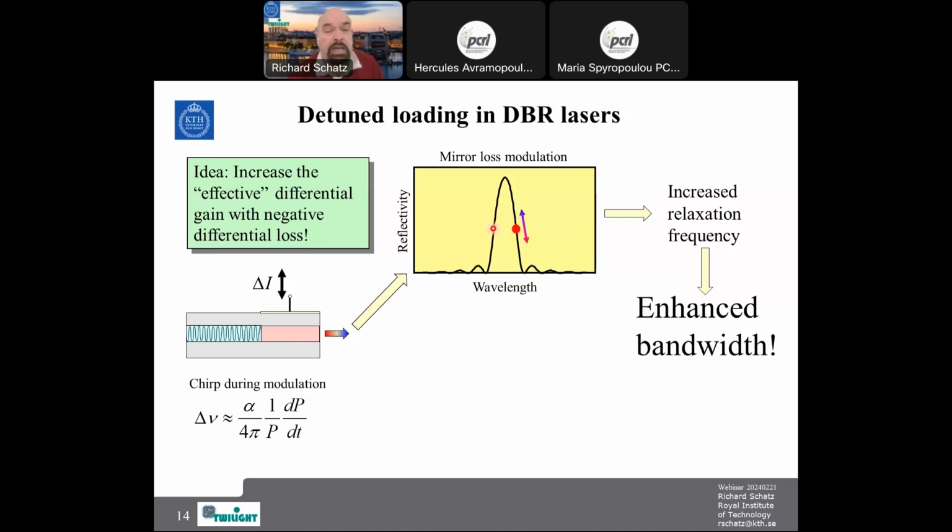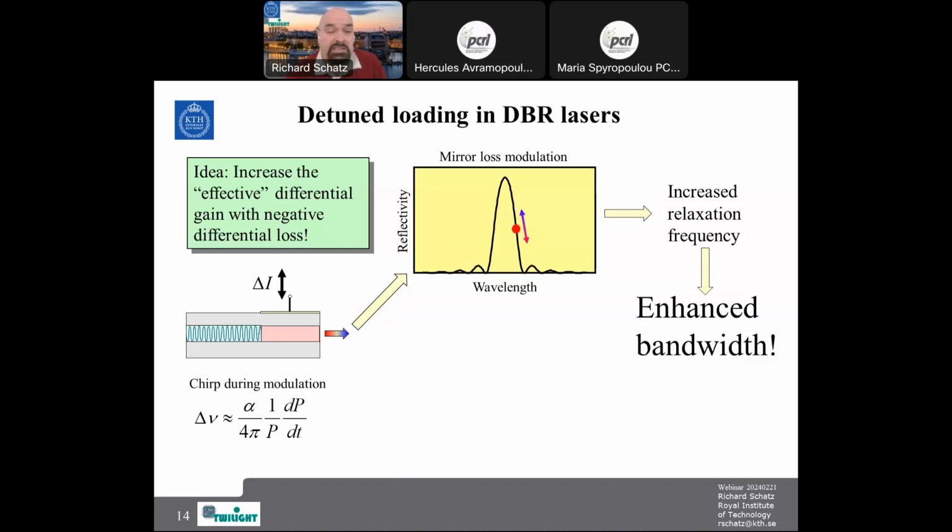On this flank, the bandwidth will be reduced because here you reduce the reflectivity when you increase the carrier density here. So it's not good to be on this flank. But on the long wavelength flank of a Bragg peak, then you get an increased relaxation frequency. And this is quite a strong effect. It can increase the bandwidth by 50 to 100%.